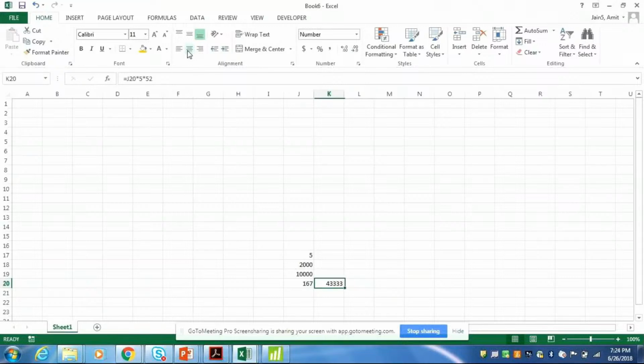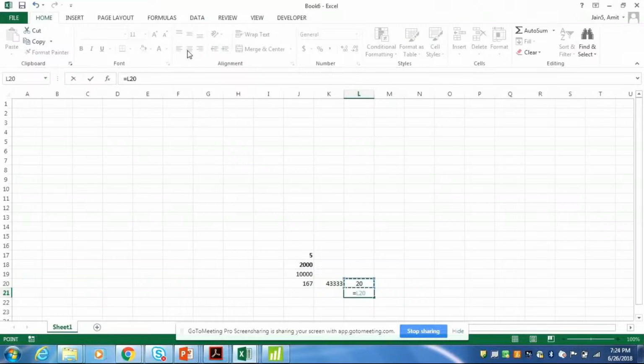43,333 is the amount of hours that we are spending in the entire year, assuming that everybody is spending 5 minutes in motion, and there are about 2,000 people. So this is huge if you look at it from the entire year perspective. Let's say $20 is the billing rate.